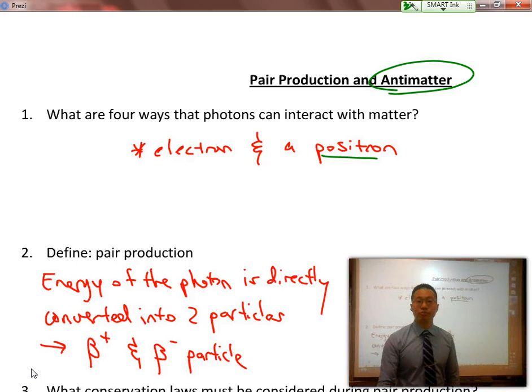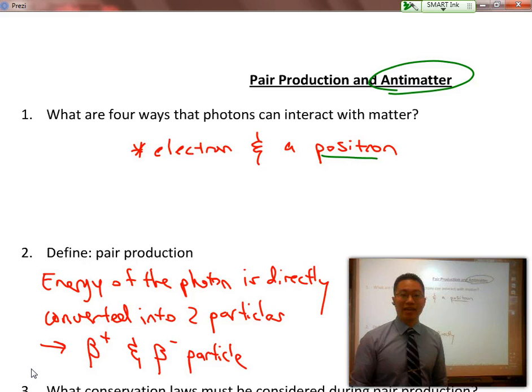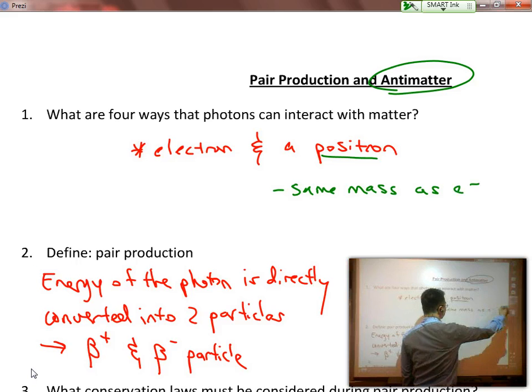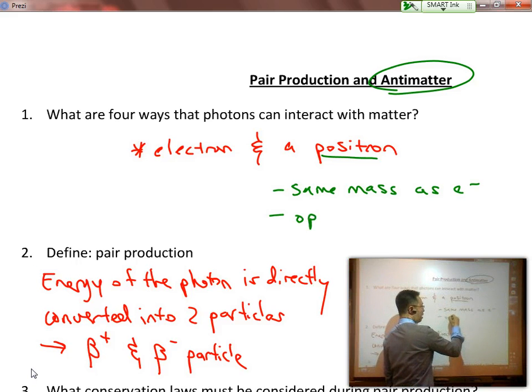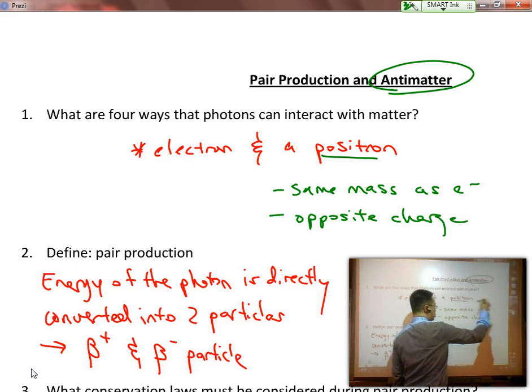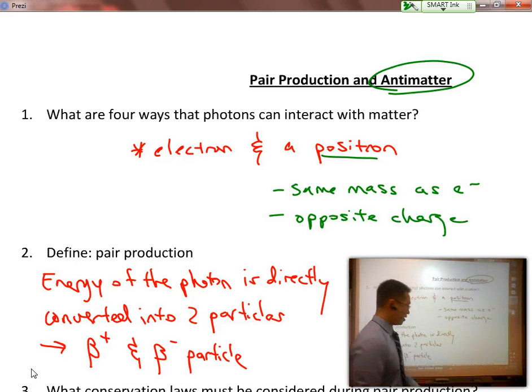Antimatter, which we're going to discuss more later, simply means that it's the same as an electron, same mass, but it has the opposite charge. Okay, that's what antimatter is.